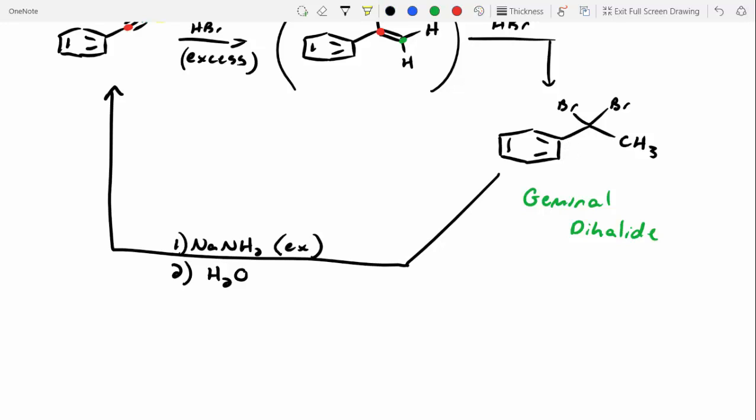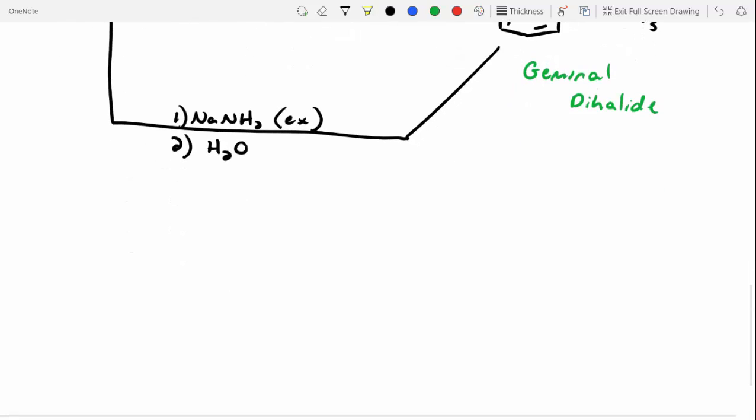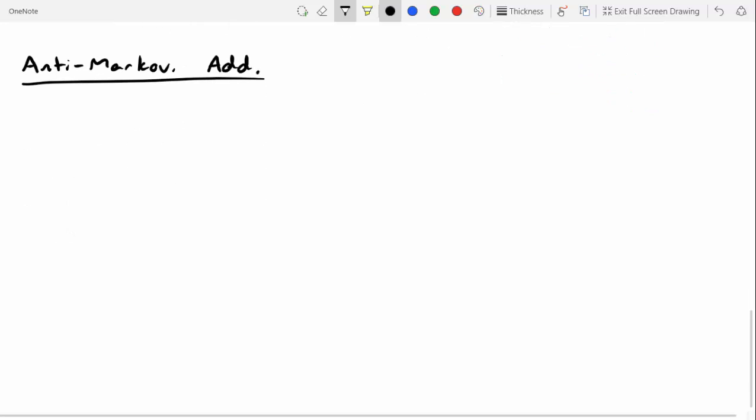No? So now the question is, how could we get anti-Markovnikov addition? Peroxide, there we go. All right, so let's cover this. Anti-Markovnikov addition. It's pretty straightforward.